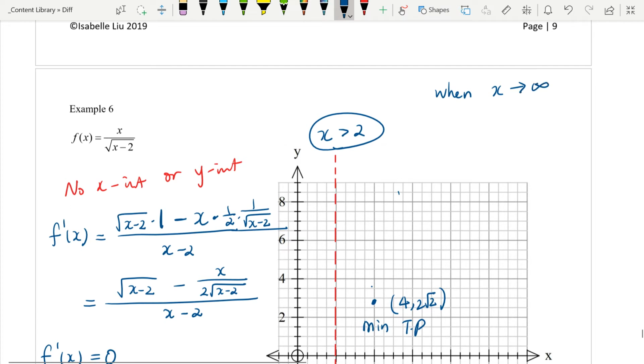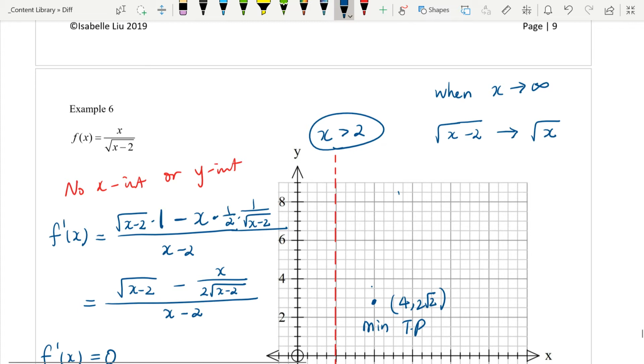When x gets really large, what do you think square root of x minus 2 approaches? I'll say that's approaching square root x, because whether you subtract the 2 or not, it will be the same. Think about a really large number and you take the square root of it.